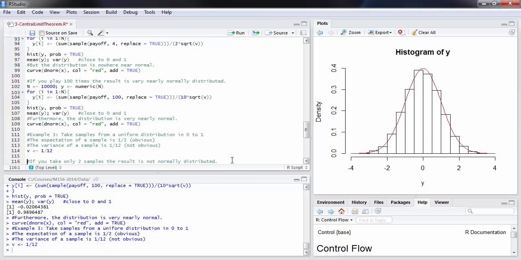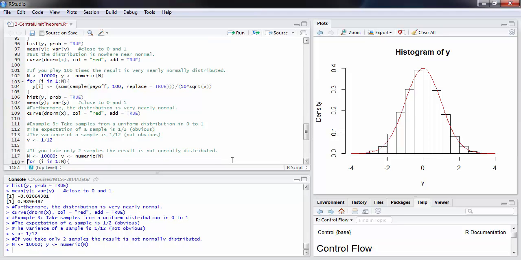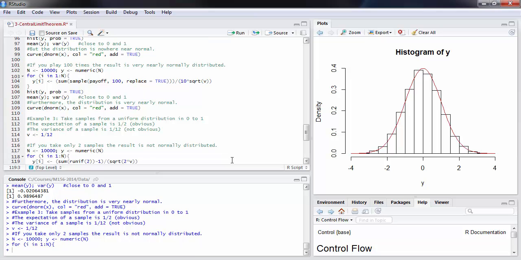And the same thing happens. If I take only a small number of samples and add them together, I don't get a normal distribution. Let's try with 2 samples. runif draws a random number from a uniform distribution, and runif followed by 2 in parentheses gets us 2 samples to add together.